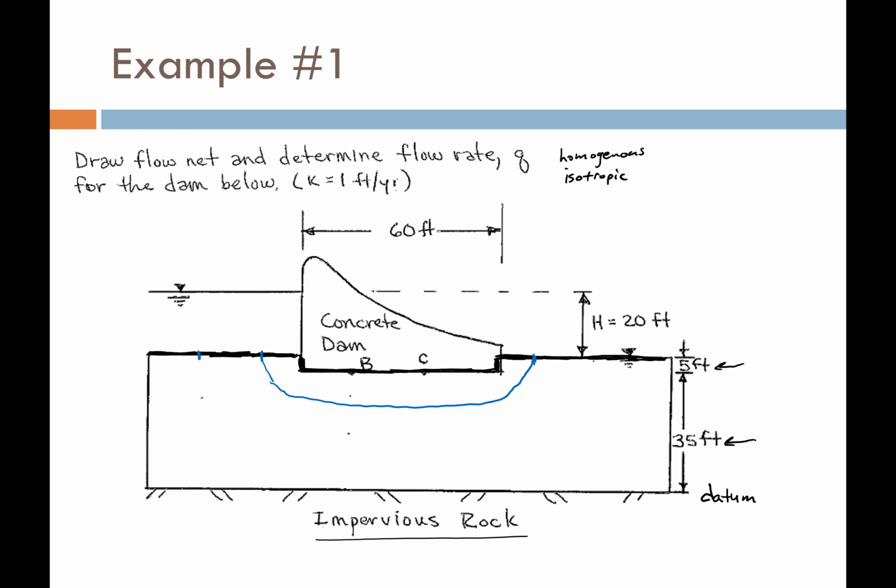It should come out about right here or so if I have symmetry. There. Flow lines are easy to draw right off the bat because it's kind of easy to imagine the direction that a drop of water would take to flow beneath a structure.